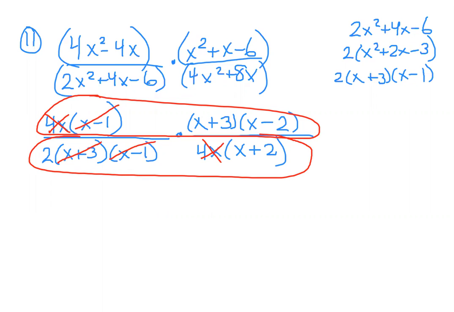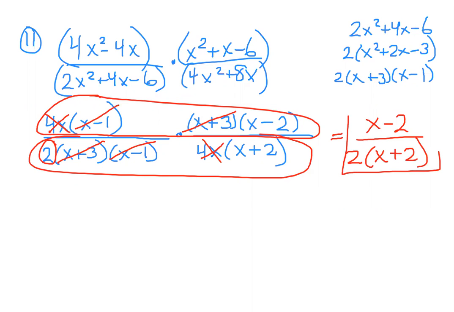We've got an x plus 3 and an x plus 3. Can we cancel x minus 2 and x plus 2? No, we can't. So we're left with x minus 2 in the numerator and 2 times x plus 2 in the denominator. And that's the answer. That's as much as you can do.